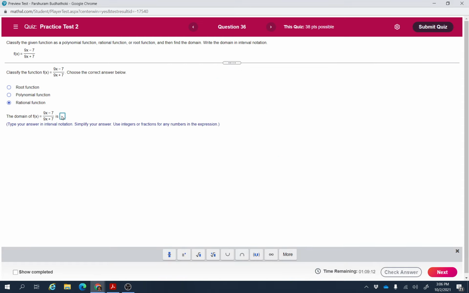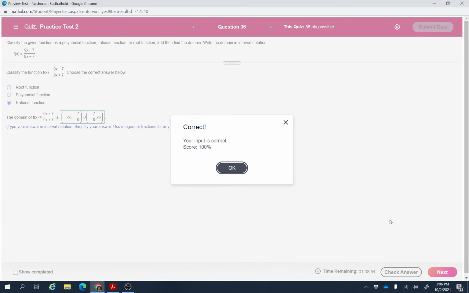So you write: -infinity comma -7 over 9, parenthesis, union, parenthesis, -7 over 9 comma positive infinity. That's the answer.